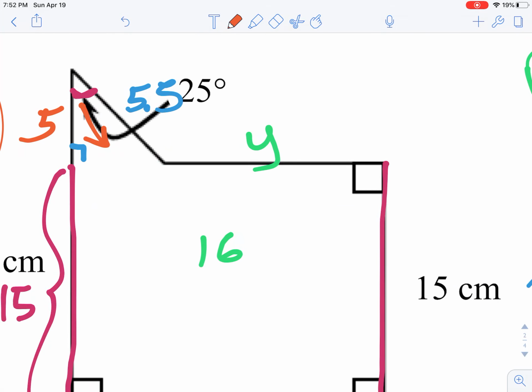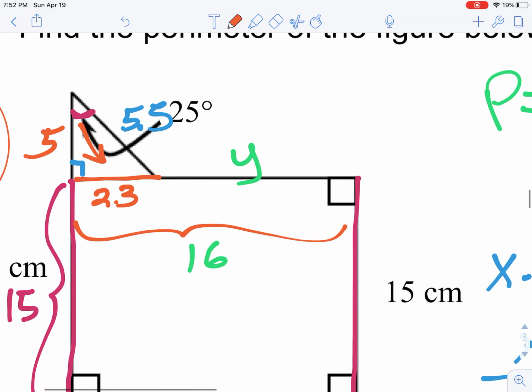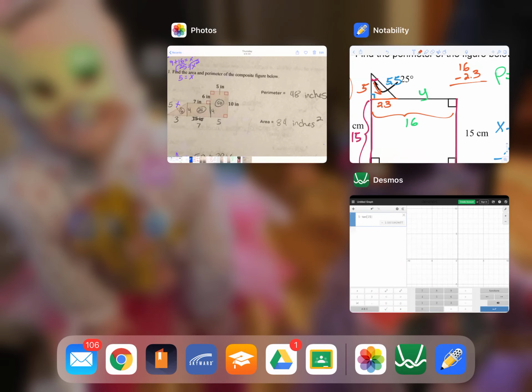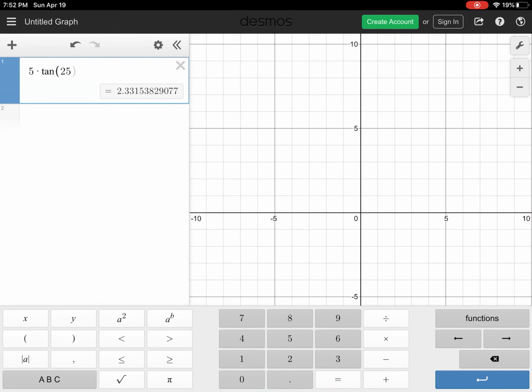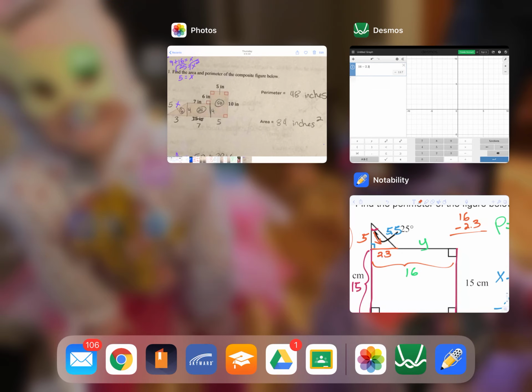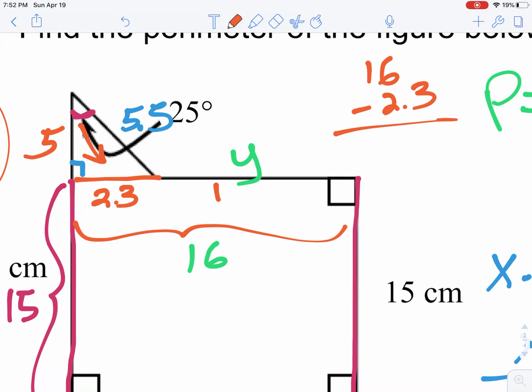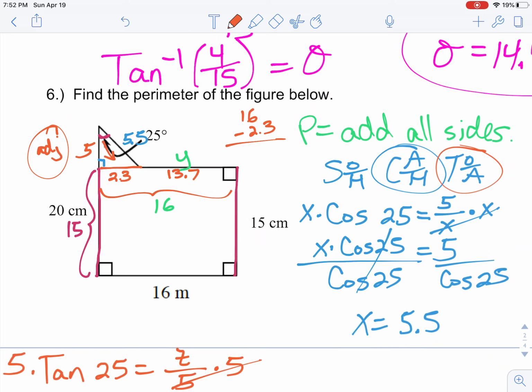So now we know that this is 2.3 here. Since all of this is 16, we can do 16 minus 2.3 to find out the value of y. So 16 minus 2.3 would give us 13.7. So now I know y is about 13.7.